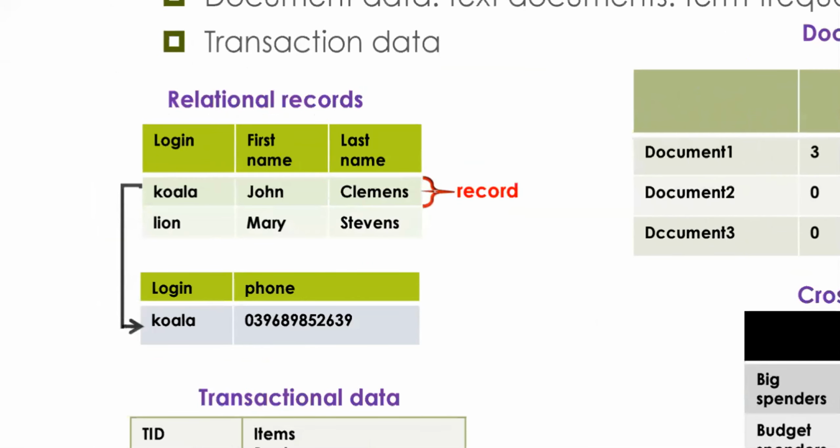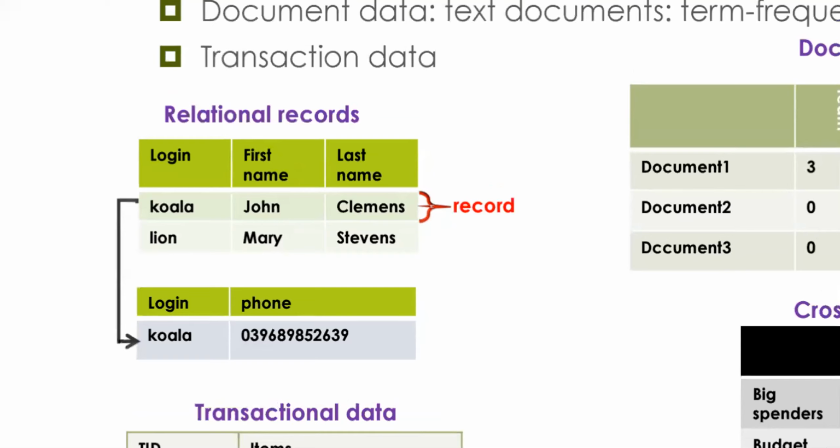For example, the first name is John, and Selmans. This is the first relational record, with login and phone number. Based on that login, which is the primary key, you can create another table. That is the relation between the two tables.